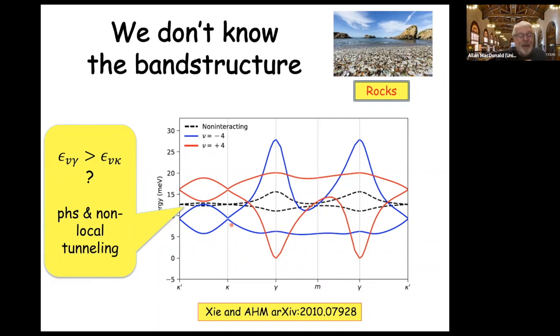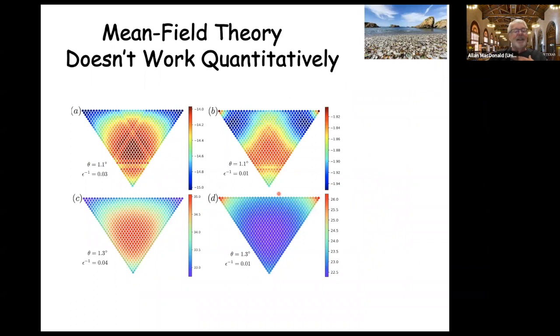If you try to build any kind of concrete model, it depends very delicately on gate screening, on exactly what you think the band structure looks like at neutrality. And so that's a challenge. I think it's a solvable challenge, by continually trying to compare with experiment, but that's been an obstacle.